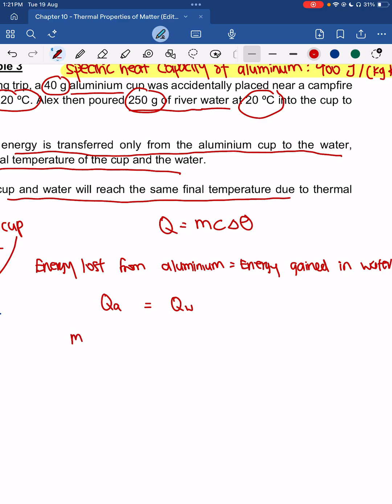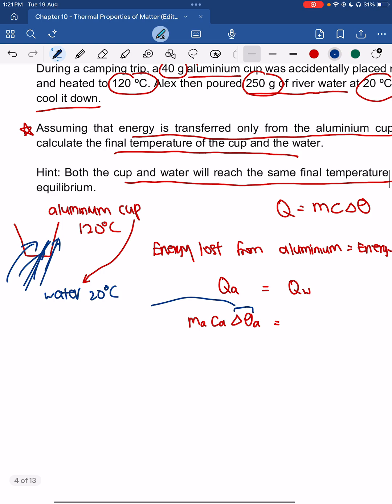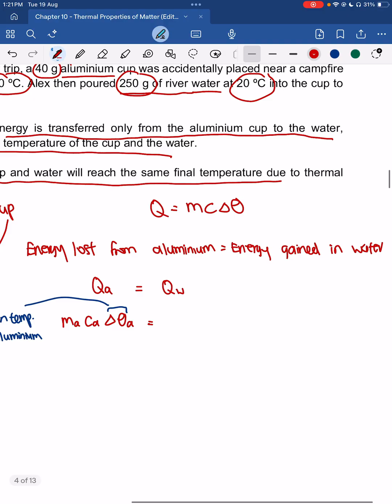Now I apply: m_A c_A delta theta_A, which stands for the change in temperature of aluminium, is equivalent to the mass of water involved, the specific heat capacity of water, and the corresponding temperature change of water.